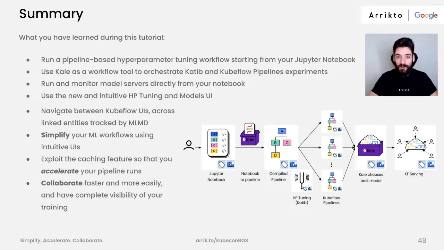All of this workflow was backed by MLMD so that you could have a complete lineage of your work. So we've also seen some cool new UIs like the Katib UI and the models UI. These UIs are not open source yet, but we will work in the next weeks and months to make sure that they will find their way into upstream Kubeflow.